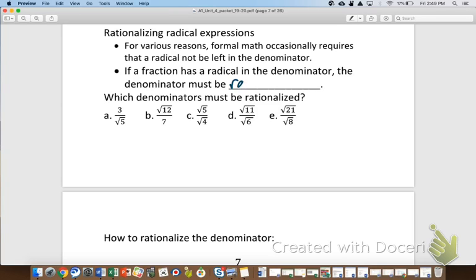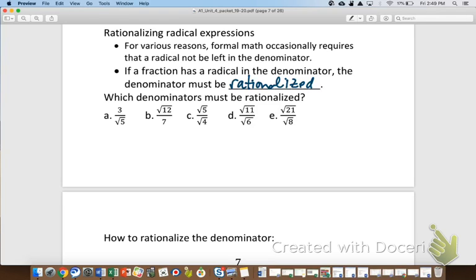So this is the word that we're going to be using today. Rationalized is basically a fancy way of saying putting the fraction in a simpler, more basic form. So remember, the principle is you cannot leave a radical in the denominator. And the word we use to deal with that is we rationalize.